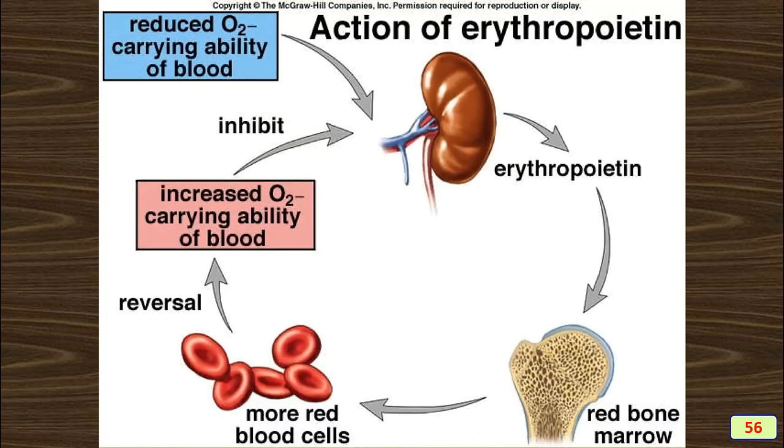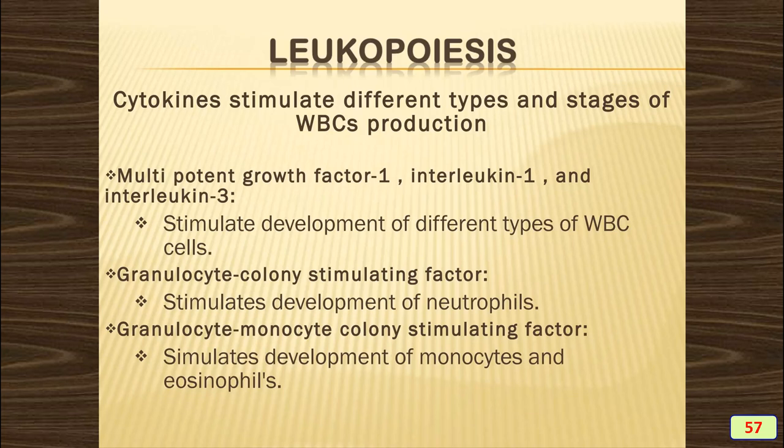When the oxygen supply to the kidneys is reduced, then also the other situations like these. Leukopenia. There are different stages of WBC production.